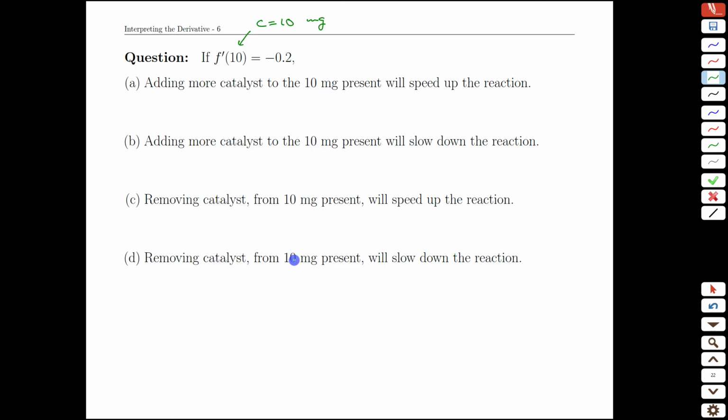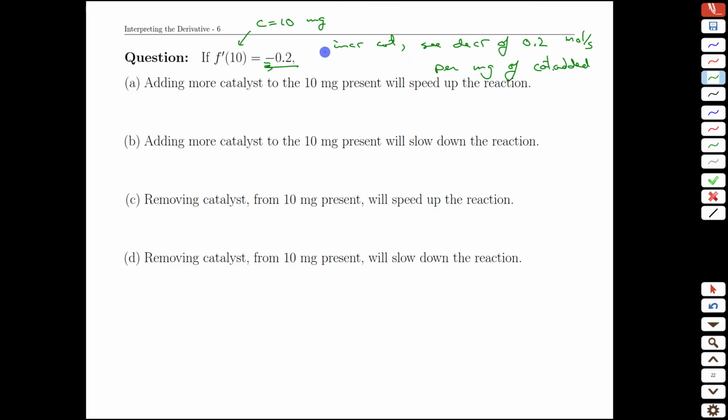Notice that's our reference point for all these statements, so that doesn't help too much. The negative 0.2 is if we increase the catalyst, we see a decrease, because the slope is negative, of 0.2 moles per second, that's the units of F, per milligram of C added, or of our catalyst added.